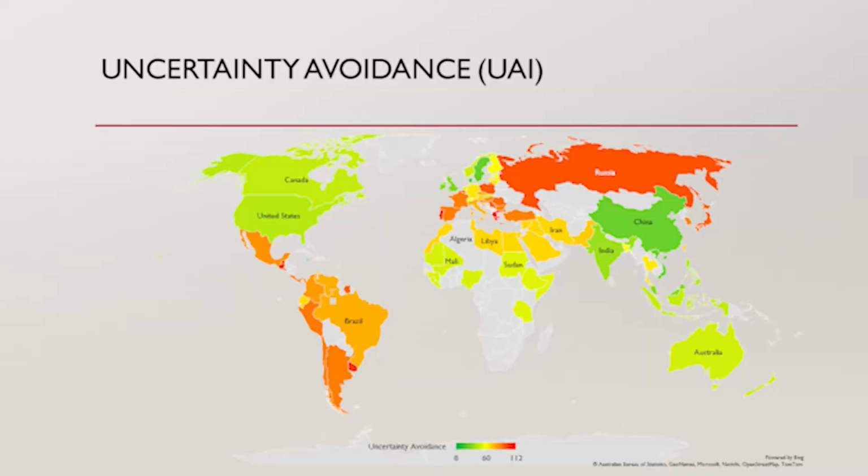Now, if you look at most Asian countries like China, India, Thailand, Malaysia, you'll see that most of them are actually accepting uncertainty. Most Asian religions, such as Buddhism, Taoism, Hinduism, actually teach that nothing in the world is certain and nothing in the world is permanent, and hence everything is subject to change.